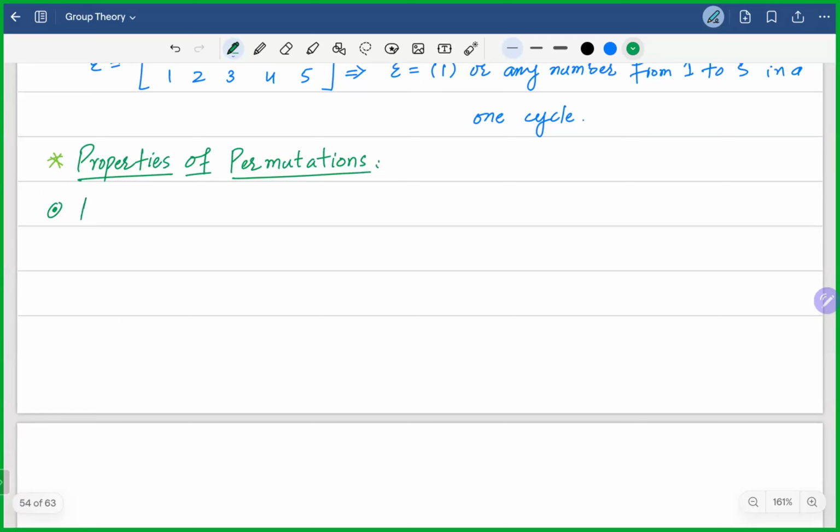So the theorem 5.1 is products of disjoint cycles.